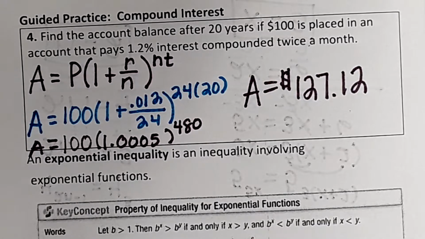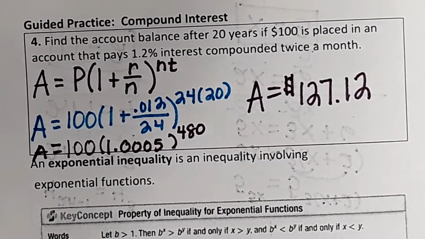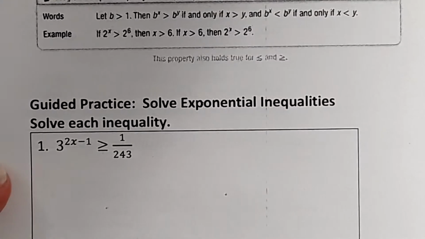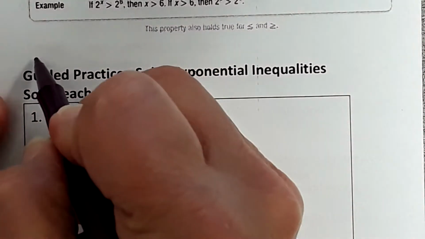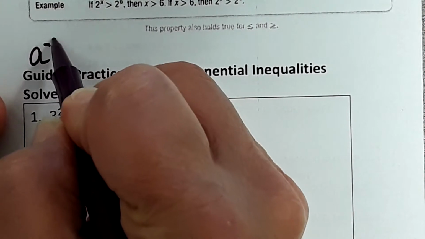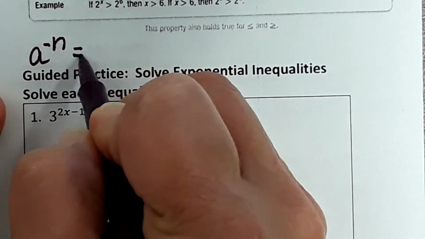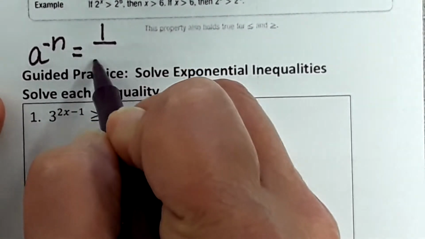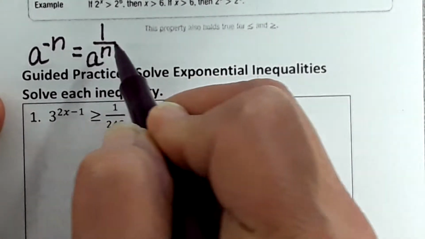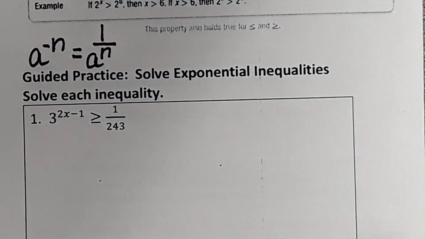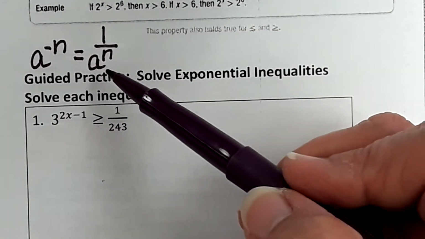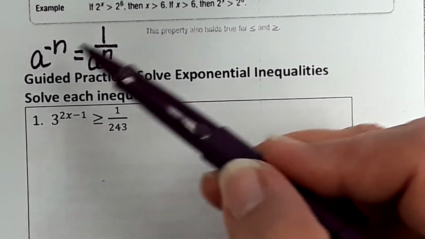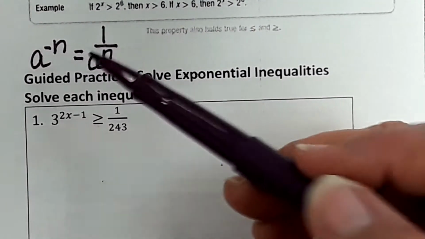Okay. Now we're going to do inequalities. That was the answer. Something I need to remind you of. If you have a fraction, you can rewrite that fraction with a negative exponent, okay?